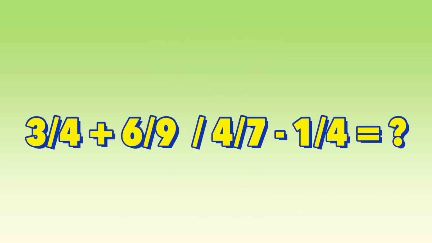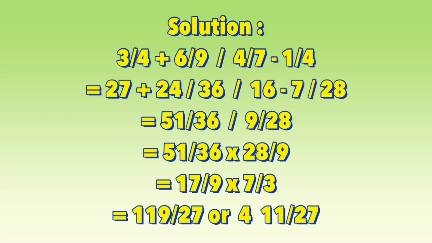Next, number 4. The given is 3 over 4 plus 6 over 9, divided by 4 over 7 minus 1 over 4. Our solution: copy again, 3 over 4 plus 6 over 9, divided by 4 over 7 minus 1 over 4, equals. So the first thing we do: in the numerator we have two fractions whose denominators are not the same, so we're going to find the LCD.